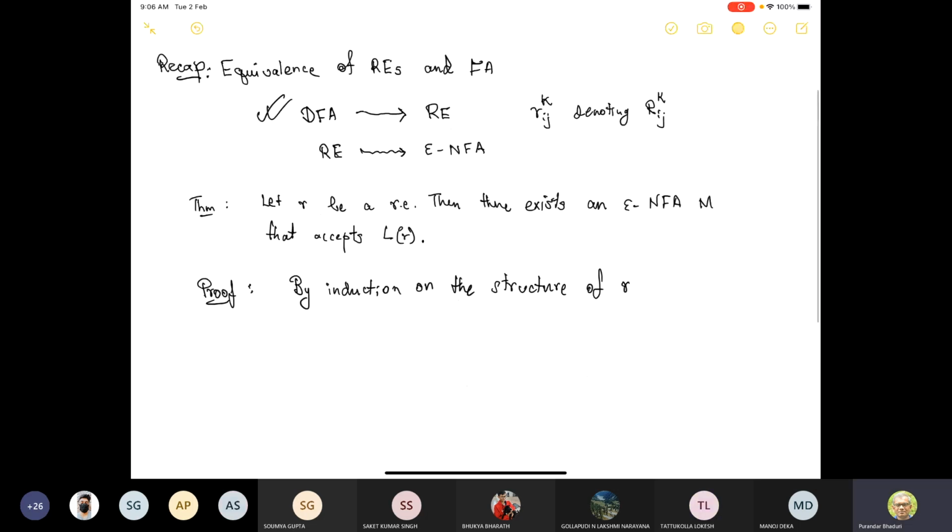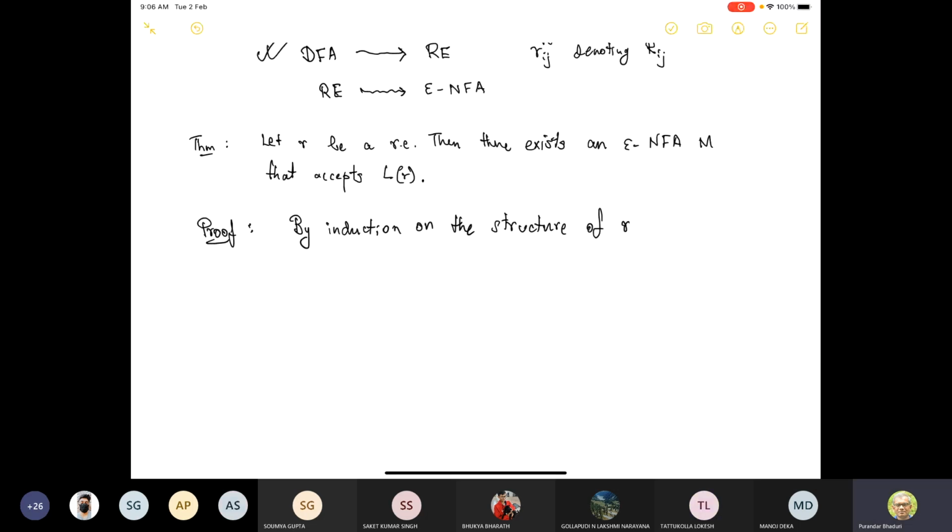So if you recall, how were regular expressions defined? They were defined by induction. So there were three base clauses. Okay, but before we come to that, let me complete this sentence.